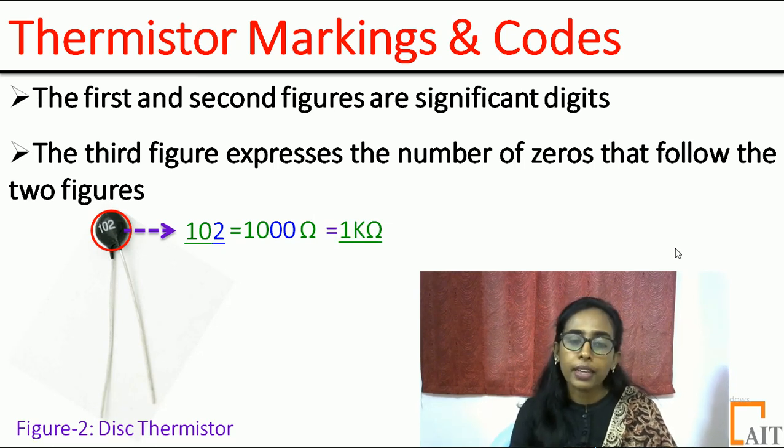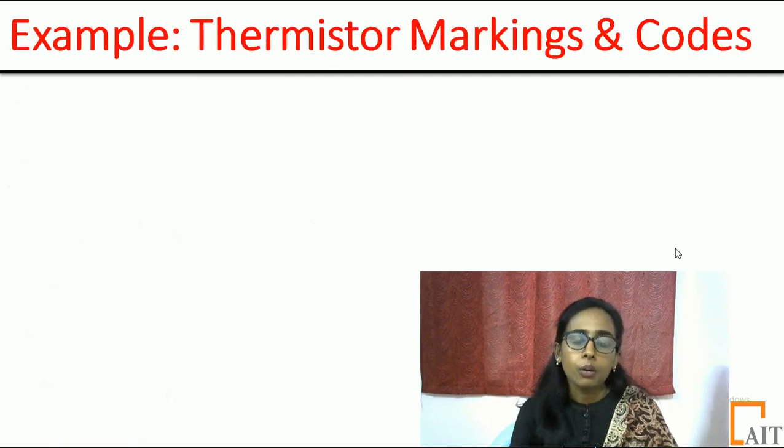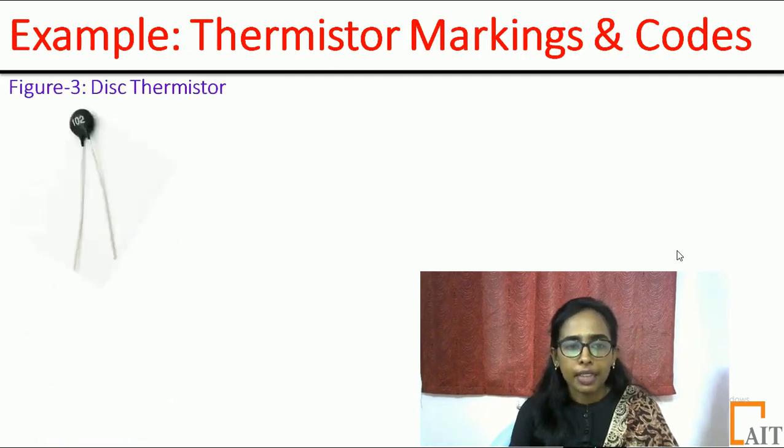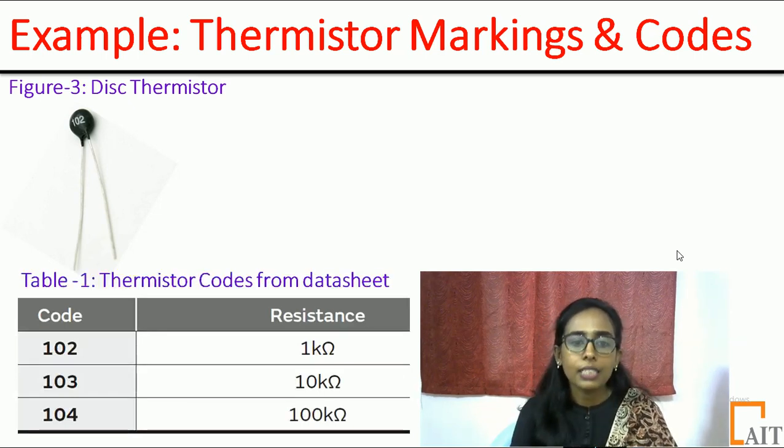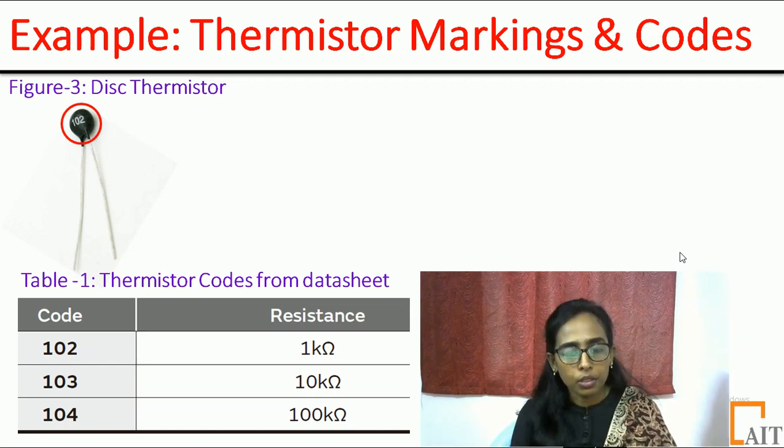So in case you find a thermistor with a marking 102, it means the value of the resistance is 1 kilo ohm. Now we'll also look into some other examples. This table 1 mentions thermistor codes and we have taken it from the data sheet. In case the code on the surface of the thermistor is 102, the resistance is 1 kilo ohm.